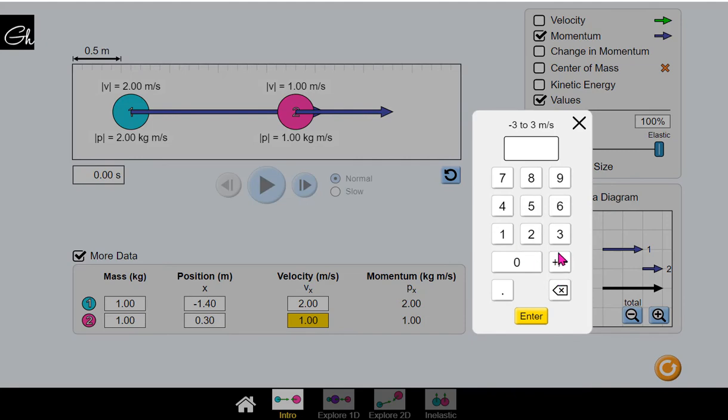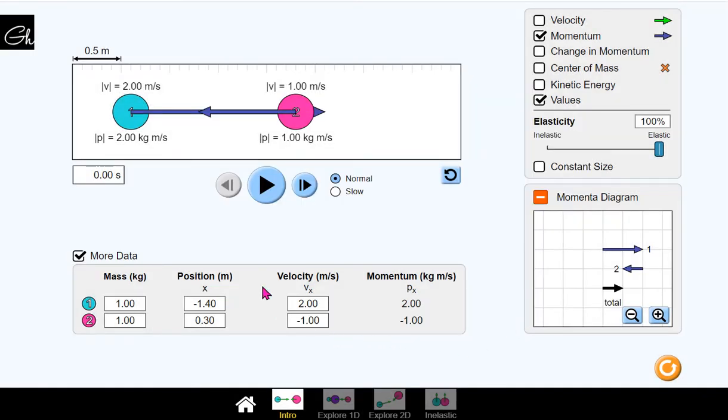What will happen if we give particle 2 a speed of -1? In this case, particle 1 is moving to the right with a speed of 2 meters per second, and particle 2 is moving to the left with a speed of 1 meter per second. Let's see what will happen after collision.